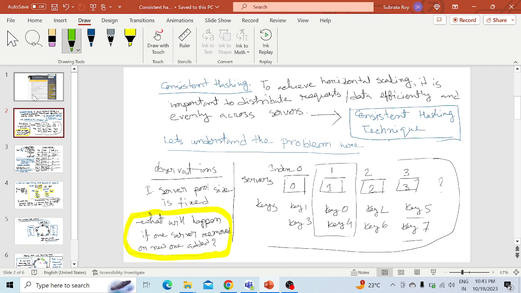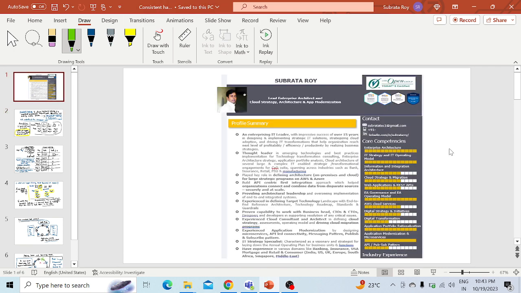Before that, I just want to give a small introduction about me. My name is Subrata Roy. I have been working in the IT industry for more than 15 years, designing and implementing strategic IT solutions, strategic cloud adoptions, and driving strategic IT transformations across various geographies I have worked in, such as India, US, UK, Europe, South Africa, and the Middle East.